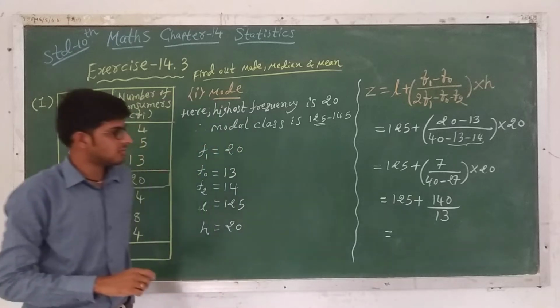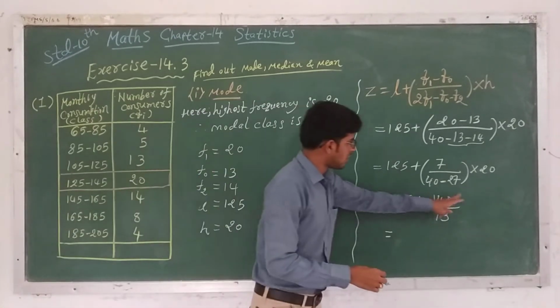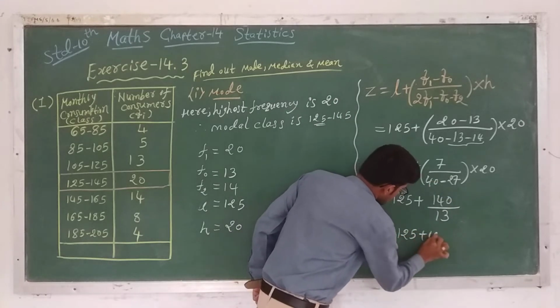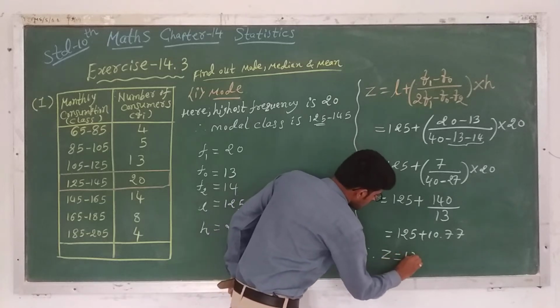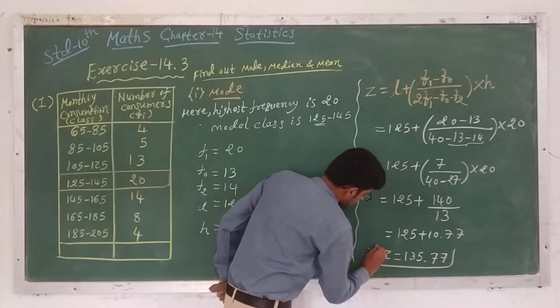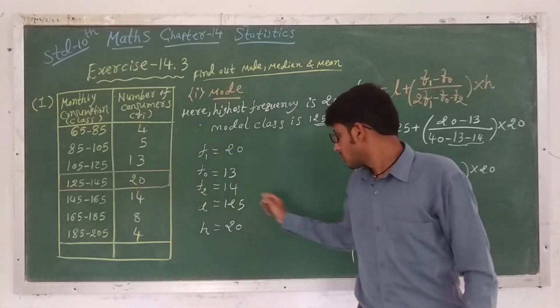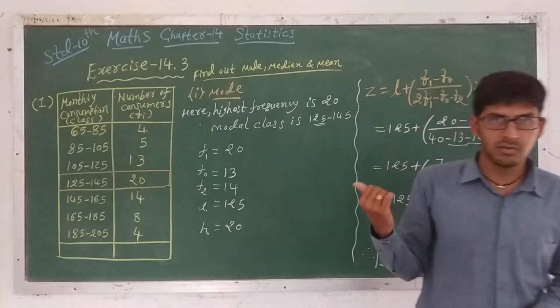Now divide 140 by 13, so the answer will be 10.77. So 125 plus 10.77. Therefore Z is equal to 135.77. It gives the mode. So Z is equal to 135.77. Write down.